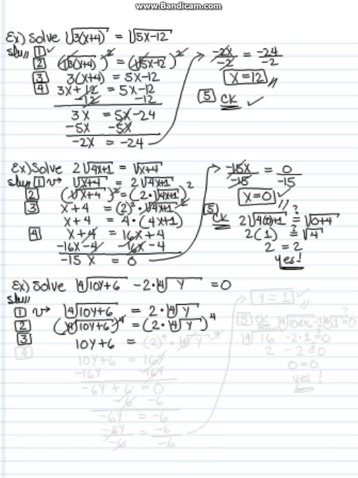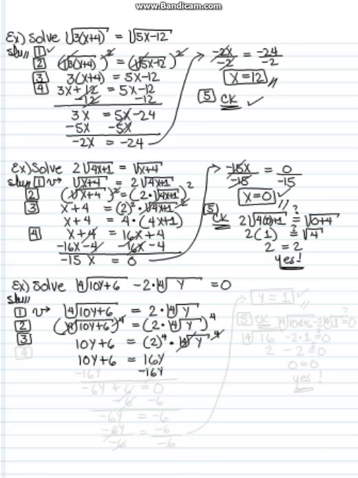Unfortunately, what we have here is 2 times the fourth root. So raise the 2 times the fourth root, not squared, to the fourth power, of course. So we got 10y plus 6 equals 2 times 2 times 2 times 2, which is 16. And then when you take the fourth root of y to the fourth power, you just get y.